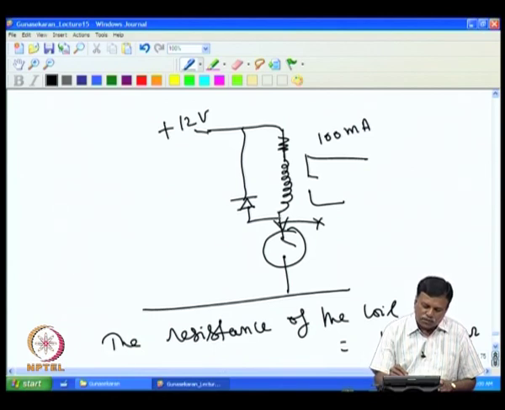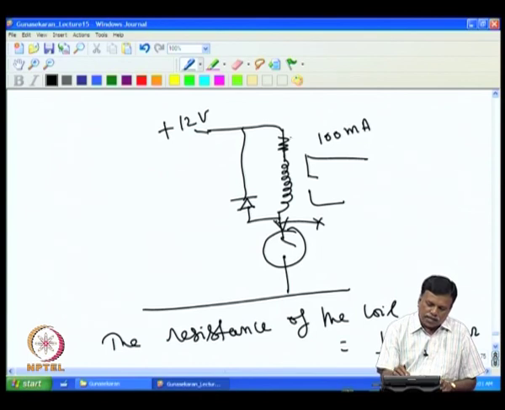If this is 12 and the voltage goes more than 12, then the diode starts conducting, forward biased. The current will go like this and continue to flow, and in this 120 ohm resistance, the energy is dissipated as heat.